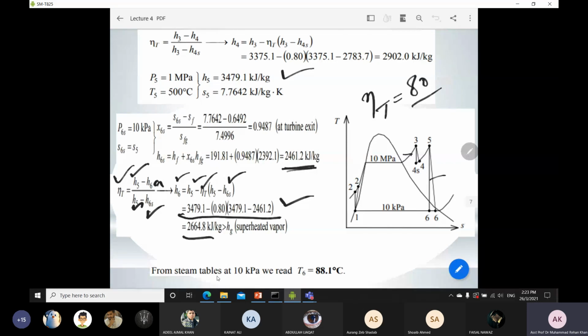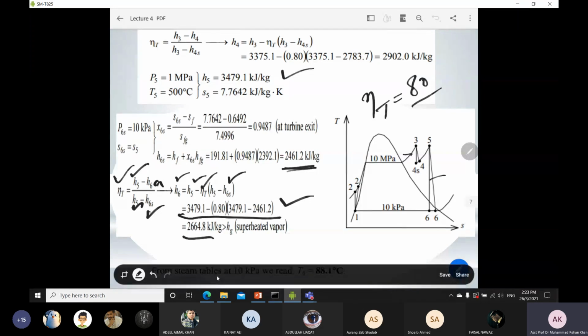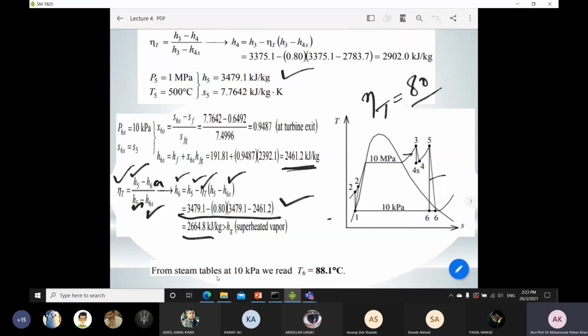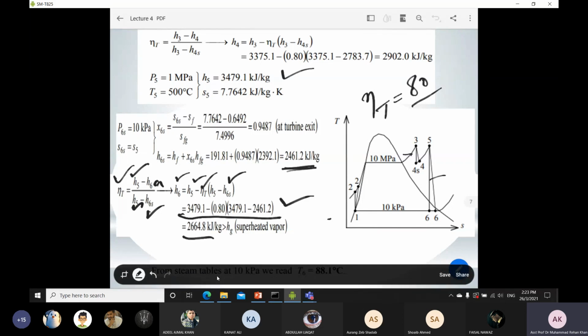Now another important point is that at point number 6, you do not know whether it will be a superheated vapor or a saturated vapor, because you have to find the properties, including temperature, at point 6. So how do we find the temperature?